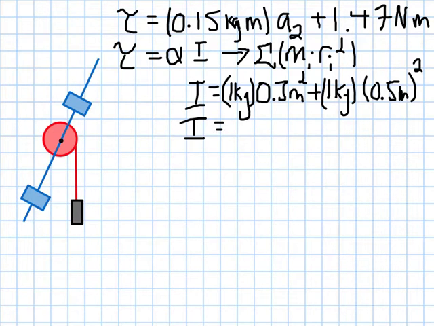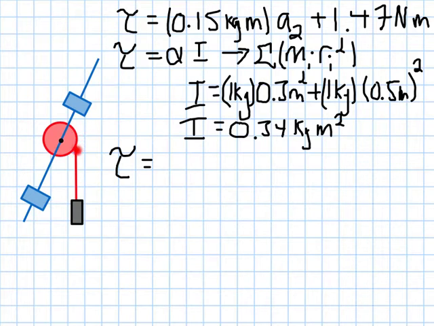When we compute this out, the total moment of inertia of this system is 0.34 kilograms times meters squared. So we can go ahead and rewrite the torque as being equal to that moment of inertia times the angular acceleration.